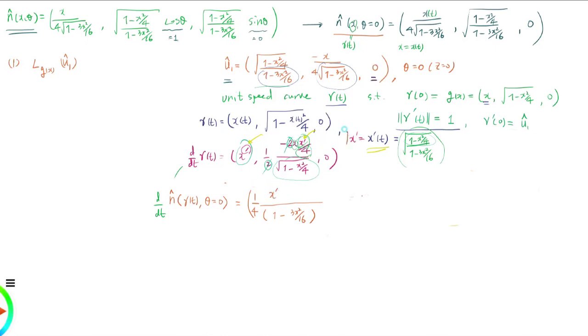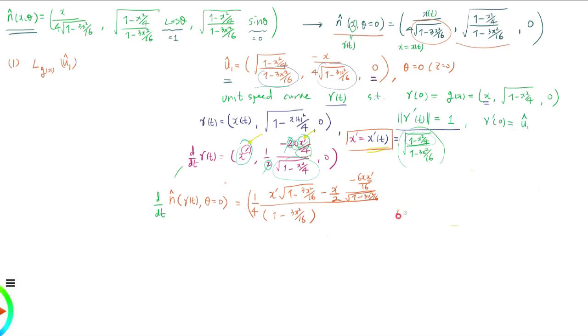So in this section, x prime means the t derivative of x here, times its denominator, which is square root of 1 minus 3x squared over 16, minus x times the derivative of the denominator, which is 1/2 over square root of 1 minus 3x squared over 16 times minus 6x x prime over 16. This is a t derivative, let me emphasize.